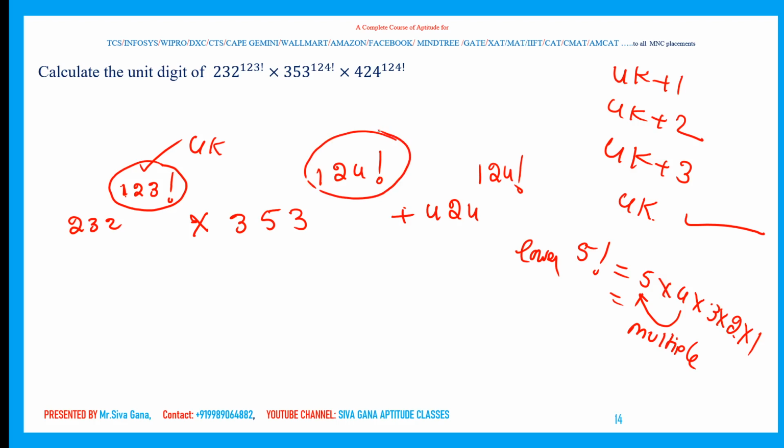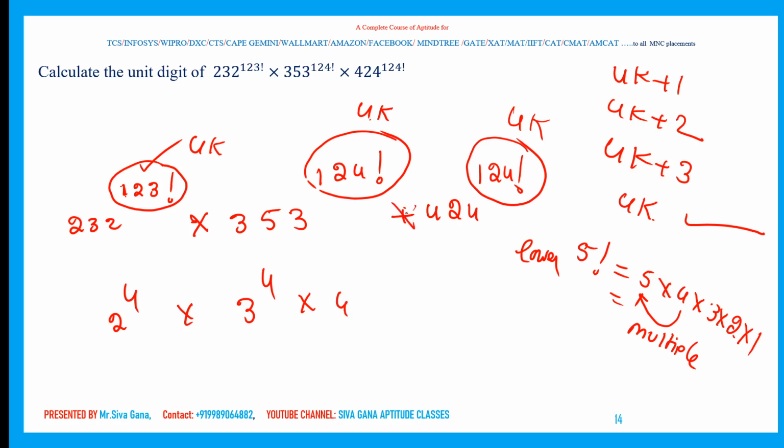124 factorial is also a multiple of 4, 4k form. So a power 4k unit digit is the same as a power 4. Here a is 2, here 3, here 4.